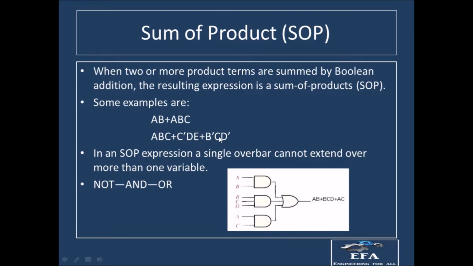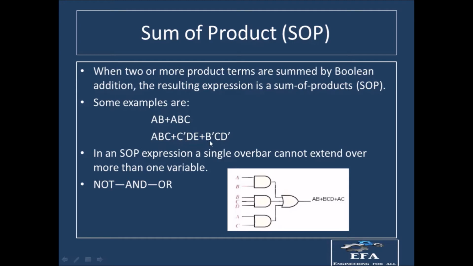Secondly, when we need to draw the circuits for SOP expressions, there is a hierarchy for utilizing the logic gates. What is that hierarchy? First of all, from the expression we need to see where the NOT gates are. After that we move on to the AND gates, and then we move on to the OR gates. Suppose you have this expression. In this expression you can see that we have three NOT gates: C over here, B over here, and D over here have complements over them.